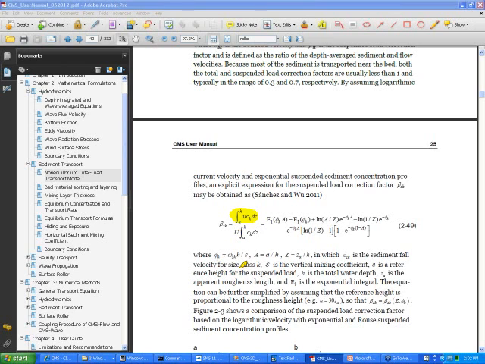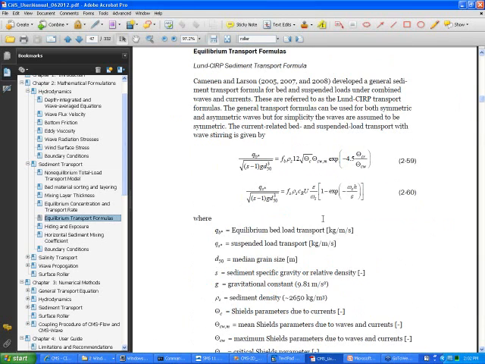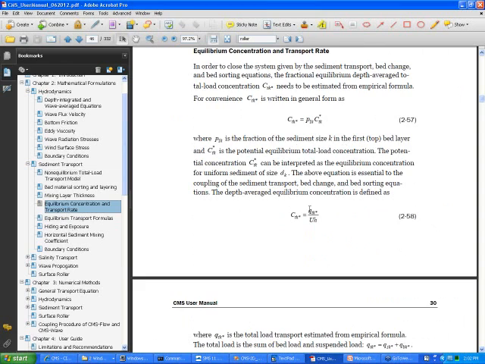This definition is more convenient for a depth average model because it simplifies the transport equation and the calculation of other parameters. That's why we use it. For example, it allows us to use this simple equation.